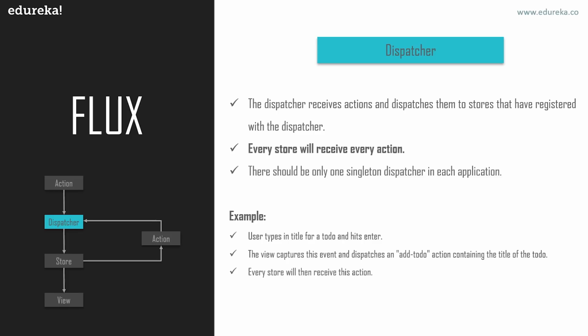Please remember, I am saying here every store, and this will come out as a basic difference between Flux and Redux. When we talk about Redux, we will see that Redux always has a single store. But in case of Flux, Flux can have many stores. That is why it is written on the screen that every store will then receive this action. So there could be multiple stores in a Flux based application.